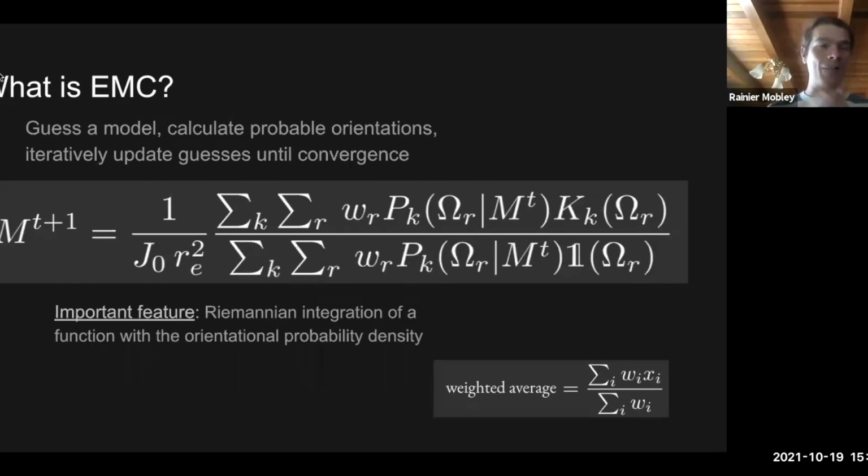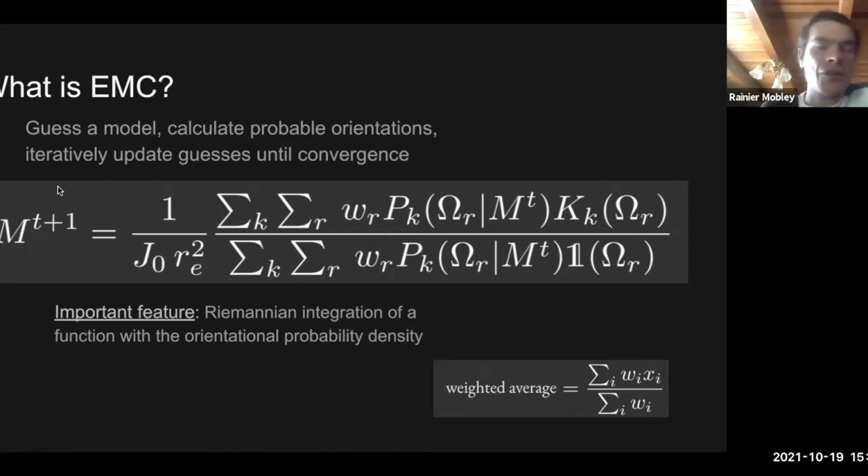So this is what your update rule actually looks like when you're doing EMC, a simplified representation of it. The method is iterative. It really is like a not quite gradient descent, but a similar sort of walk towards a local maximum or minimum. In this case, our 3D model is M, and we're iterating over time.